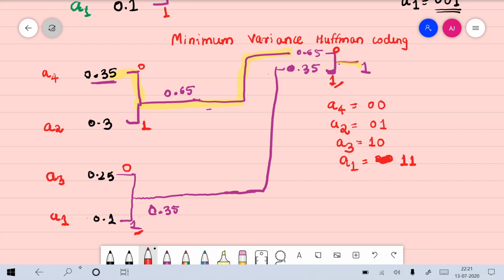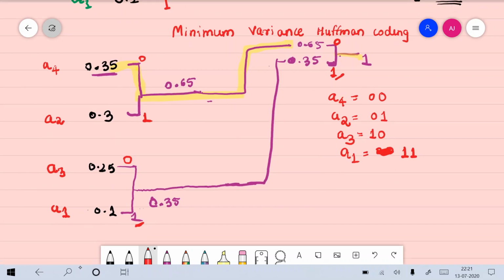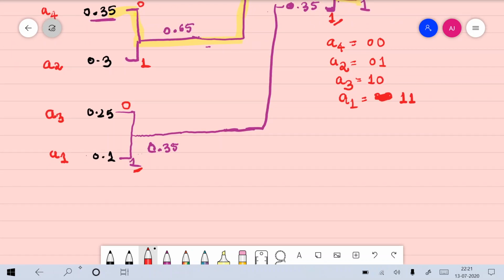So we saw that normal Huffman and minimum variance give you different codes. It doesn't give you the same. Now let us see what difference it makes when you draw a binary tree. For this particular minimum variance, when I try to draw a binary tree, how will it look?